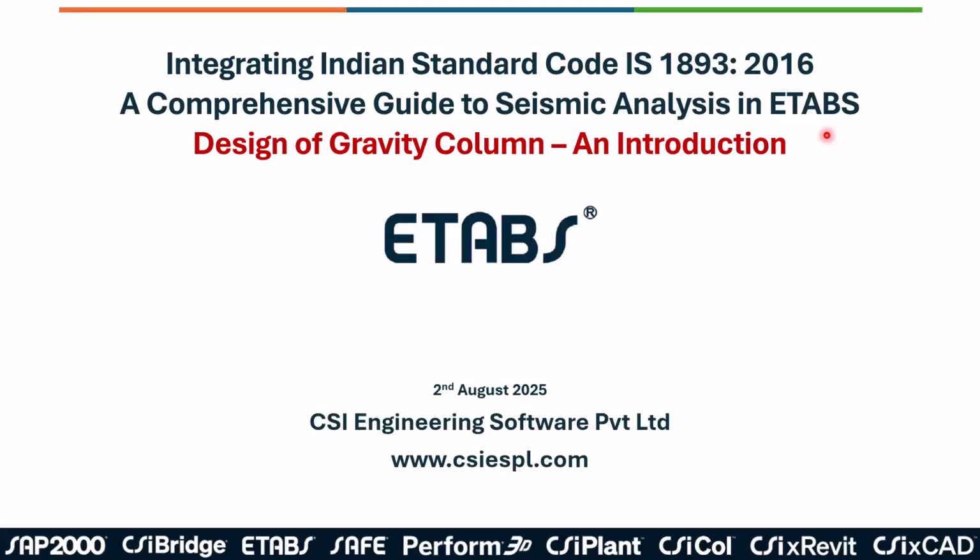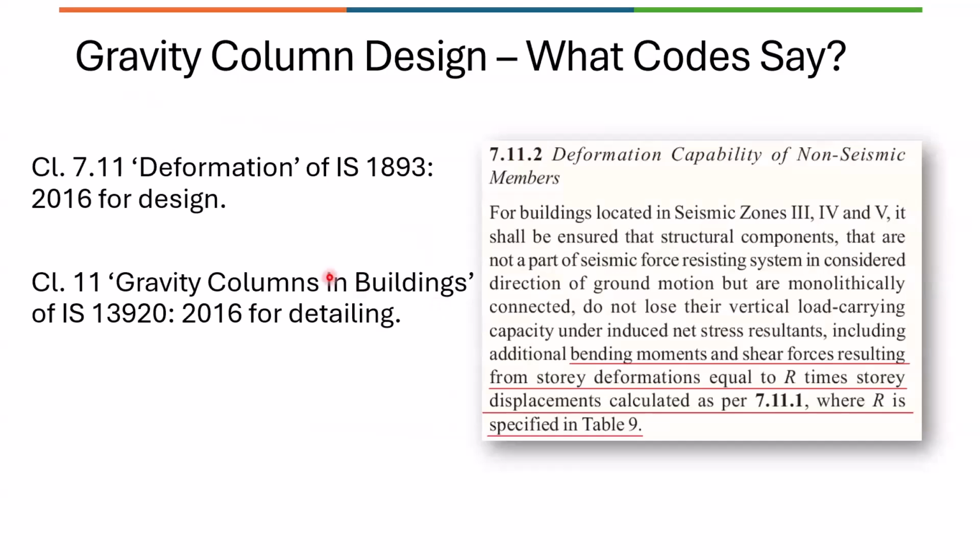So let's get started. On the design of gravity columns, or deformation capability of non-seismic members as per IS 1893 2016, we have this clause insisting that the design is based on the bending moments and shear force resulting from story deformations equal to R times the story displacement calculated as per the code.